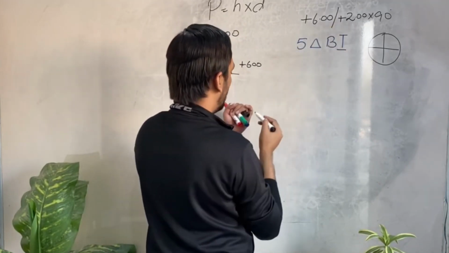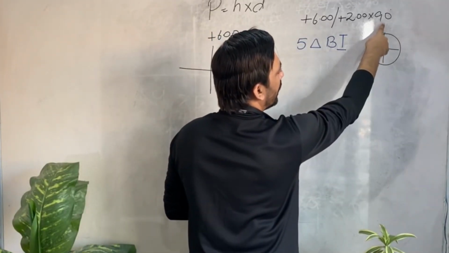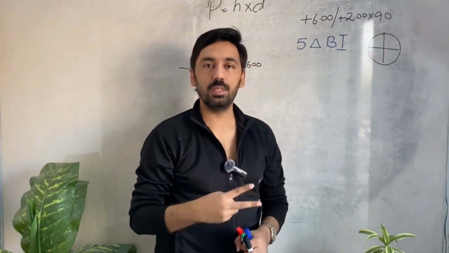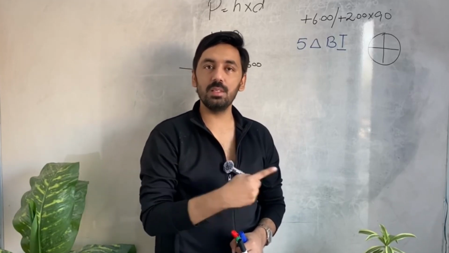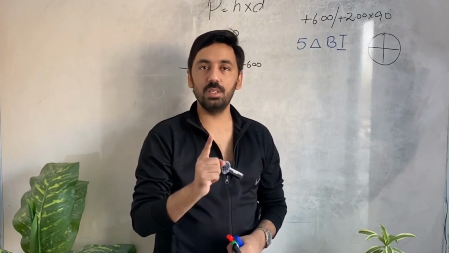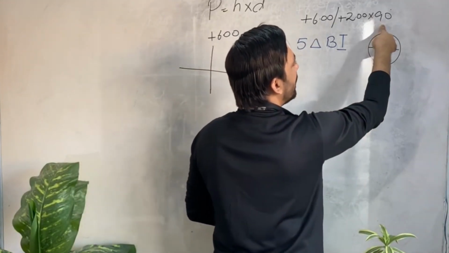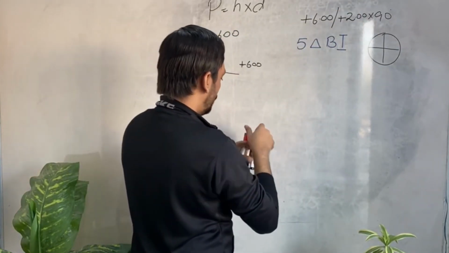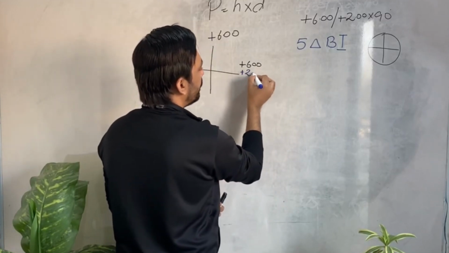Now we have the cylinder. The cylinder is +2, and the axis of the cylinder is 90 degrees. You know very well that there are two principal meridians of the astigmatism or cylindrical lens: the power meridian and the axis meridian, and they are always 90 degrees apart. So if the axis meridian is at 90 degrees, the power +2 will be at 180 degrees.